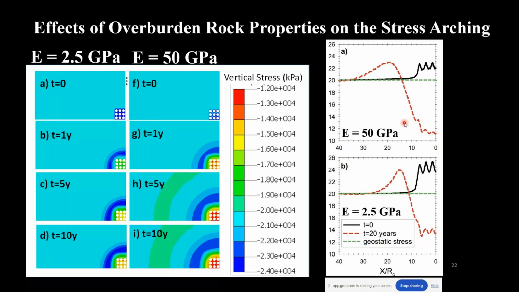For instance, for E equal to 50 gigapascal, just after, at time equal to zero, so before any creep deformation, immediately after the dissolution of the caverns, the vertical stresses in this cross section here, right, just increased from 20 to about 22, 23 megapascal. And for the weaker Young's modulus, it increased to almost 24, 25 megapascal.